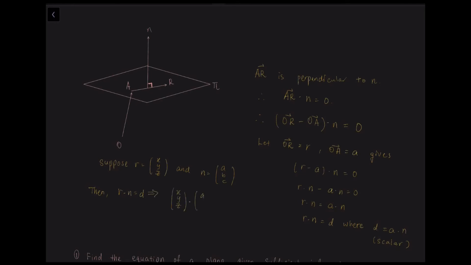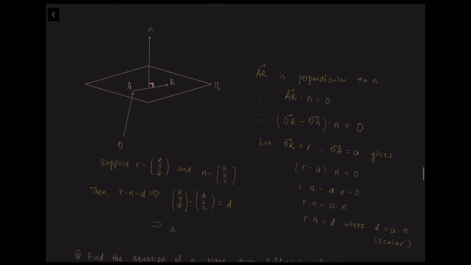And r dot n equals d is the vector equation of a plane. Suppose you have x, y, and z for r, and n equals (a, b, c). Then substituting both of these into the r dot n equals d equation and performing the dot product, you will get ax plus by plus cz equals d. And that is the Cartesian equation of a plane.